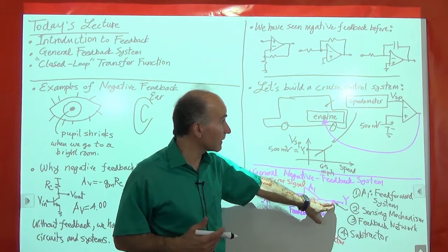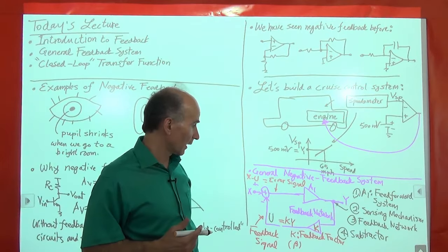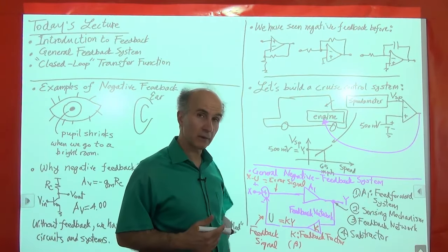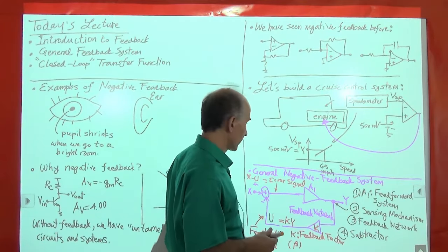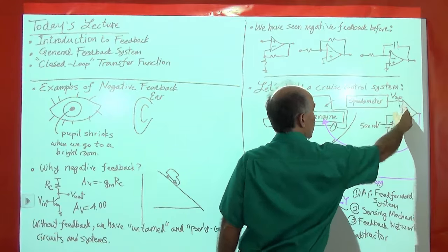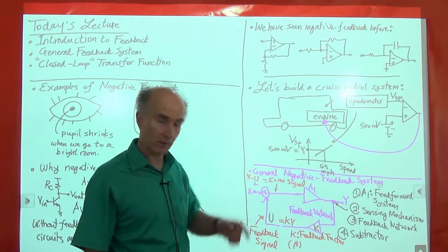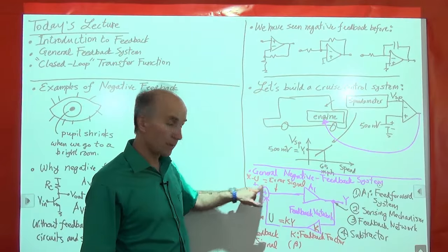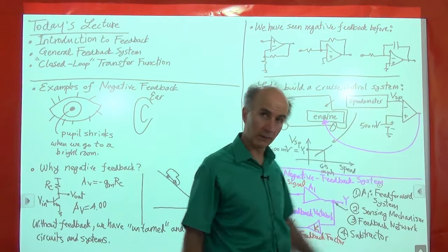So that's the feed-forward system. The sensing mechanism is the speedometer. It's measuring the speed of this car. The feedback network is what? The feedback network is nothing really, just a wire, because we sense and we bring it over here, right? We don't really have a feedback network, just a wire. The subtractor: the op-amp is doing the subtraction, right? They subtract these two.